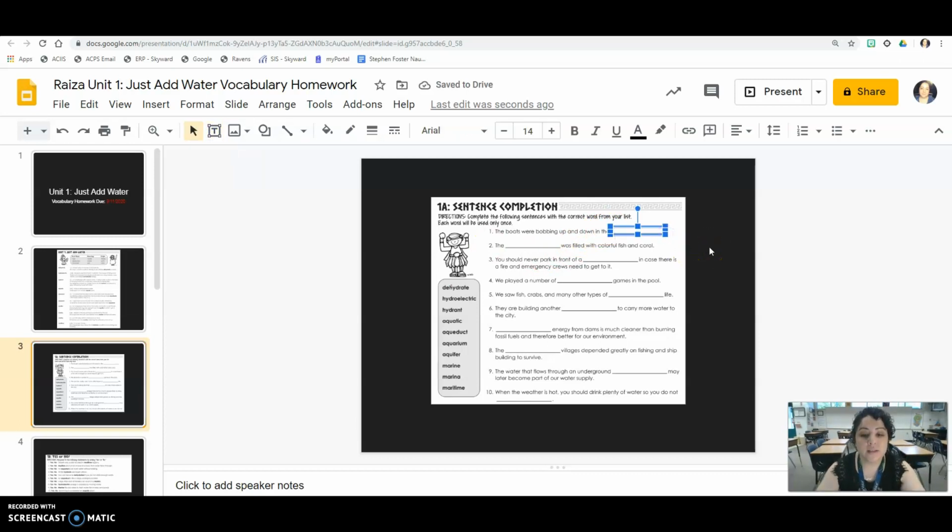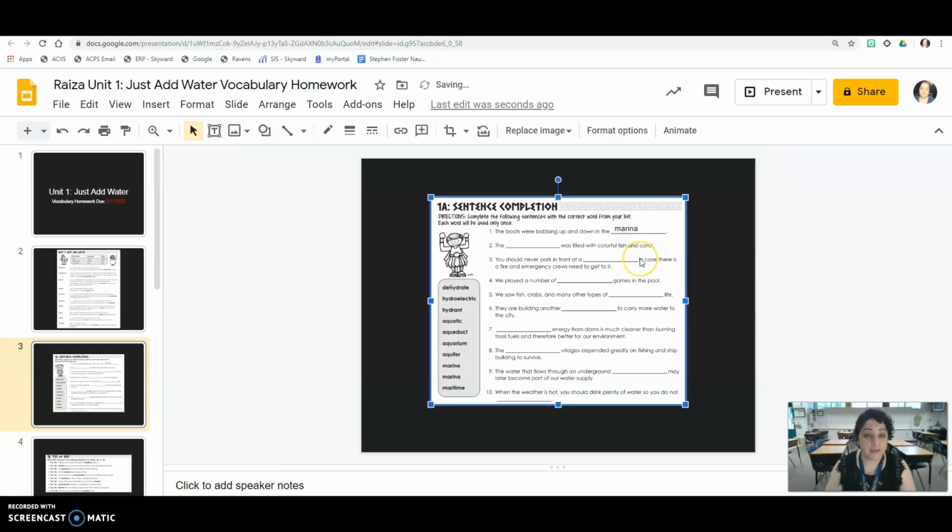So if the sentence was, the boats were bobbing up and down in the blank, the word I'm going to use is marina. Now, if I find that I don't like where it is positioned, I can hover over it until I see my crosshair that looks like two lines crossing each other, and I can move it up until it fits perfectly on the line and I am happy with where it is located.